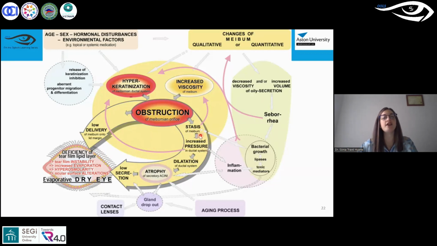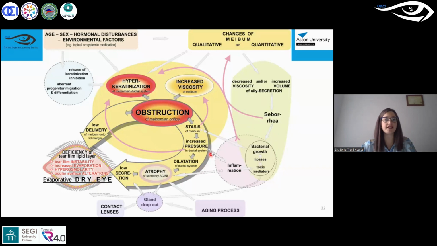We have a pressure, we then have a dilation, and then we have an atrophy, which would then lead to a dropout. All of that leads to an inflammation because that oil is supposed to be released. If that oil remains stagnant in there and there's that pressure, that releases lipid acids and toxic mediators onto the surface of the eye.